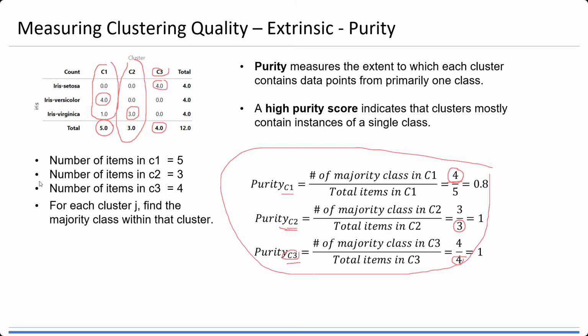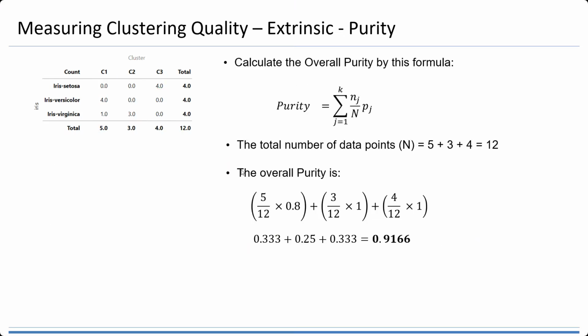After we have this purity, we will calculate the overall purity. The overall purity formula is the summation of Nj divided by N, where N is the number of data we have, multiplied by Pj, where Pj is the purity for every cluster. Since we know the total data is 12, which is 5 plus 3 plus 4, the overall purity is 5 over 12 multiplied by 0.8. Where is 0.8 from?